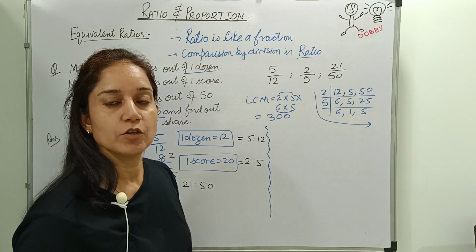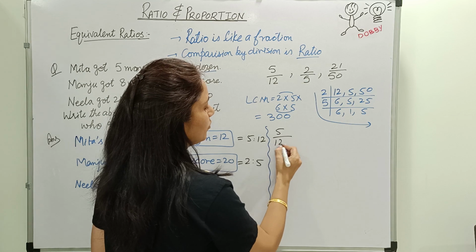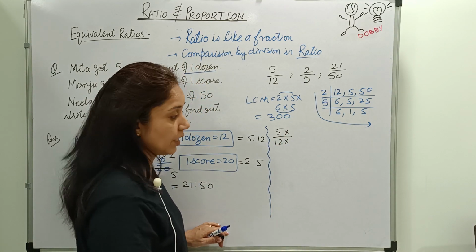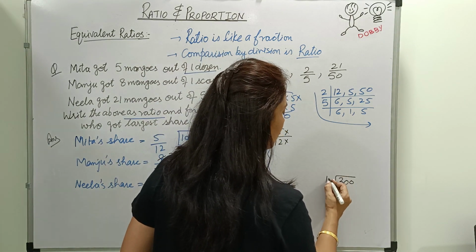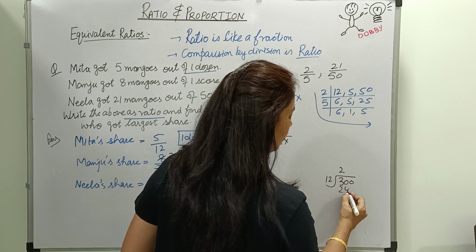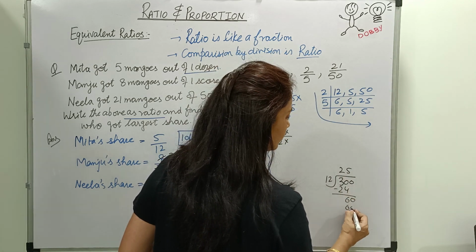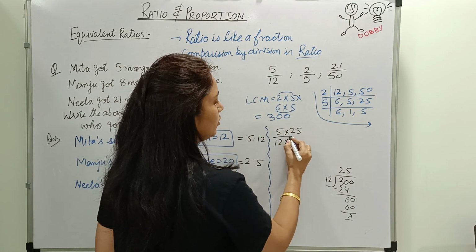We have to make the denominator 300. 5 upon 12, multiply by which number so that it becomes 300? If you cannot do it mentally, we have to divide. 300 divided by 12. 12 twos are 24, minus, 6 remainder and 0. 12 twenty-fives are 300. So that means we have to multiply by 25.